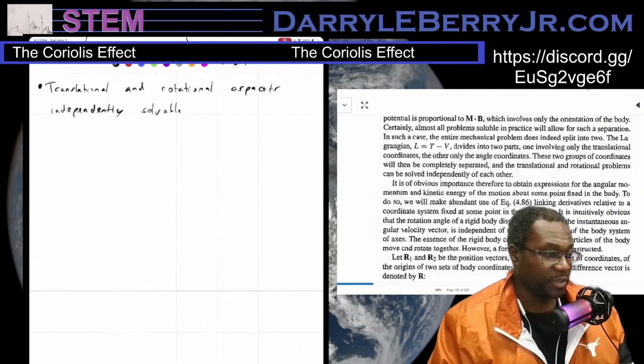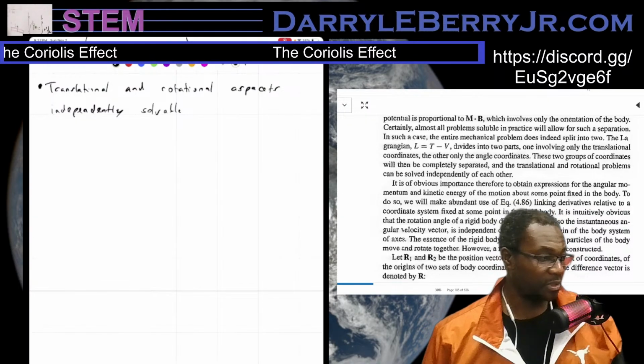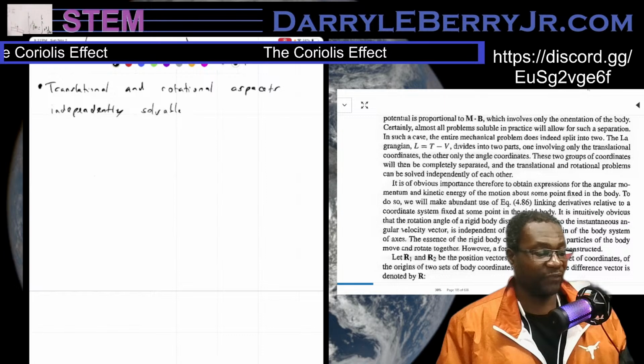It is of obvious importance, therefore, to obtain expressions for the angular momentum and kinetic energy of the motion about some point fixed in the body.